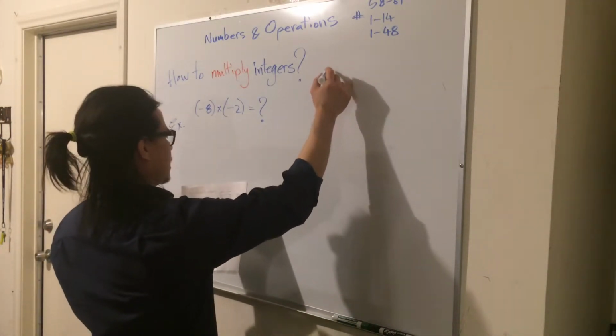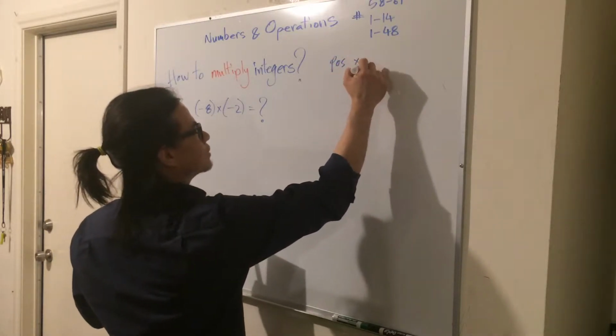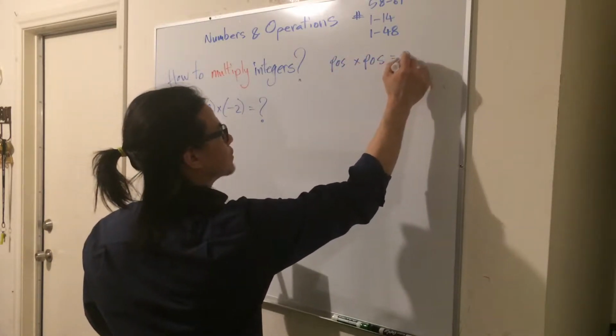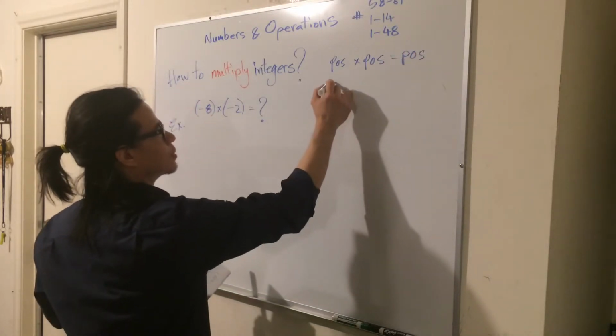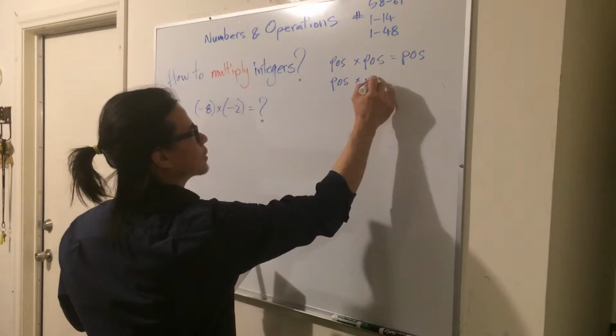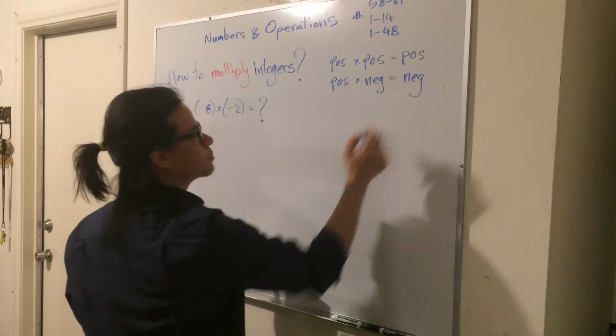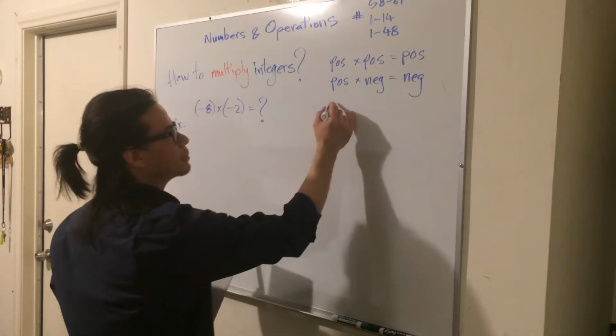We're going to say that positive times positive equals positive. Positive times negative equals negative. Make sure to write this down until you can remember it.